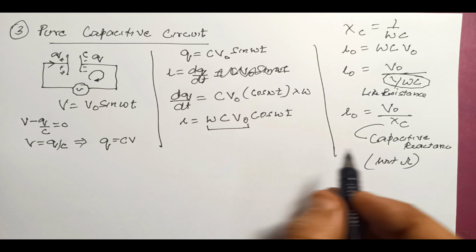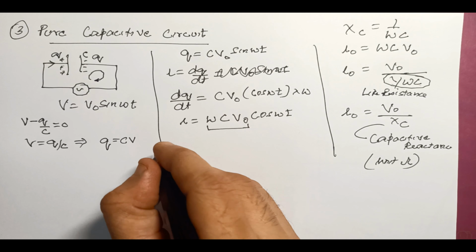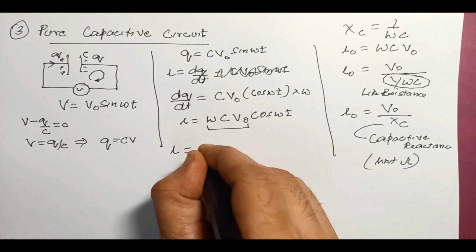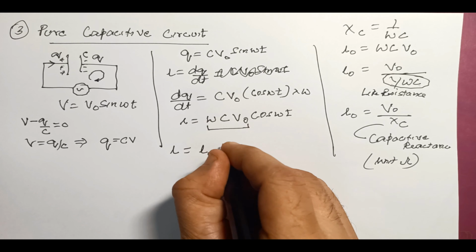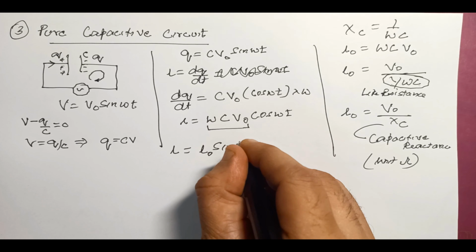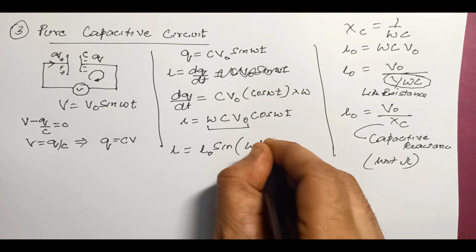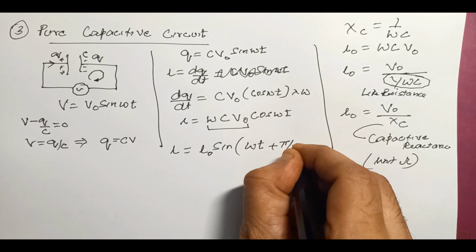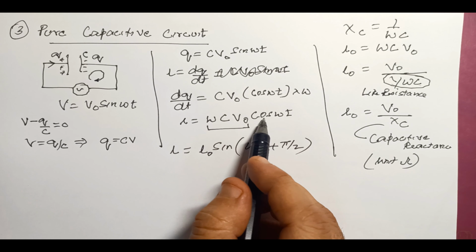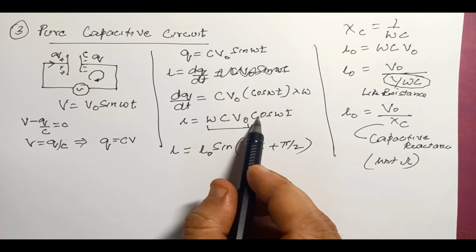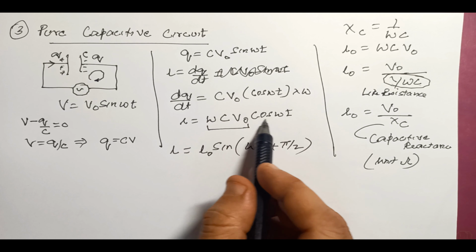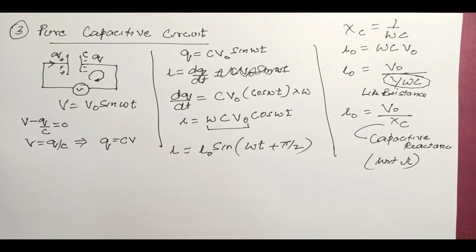Now I'm coming back here. So I is equal to I naught sine omega t plus pi by 2, because we have to convert everything in terms of sine. If you convert cos into sine, then you have to change it this way, right?